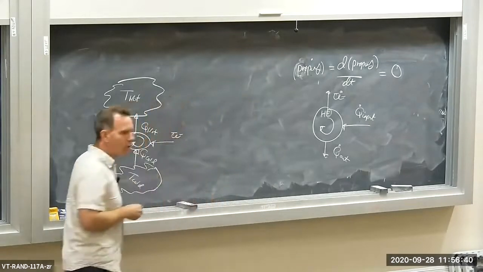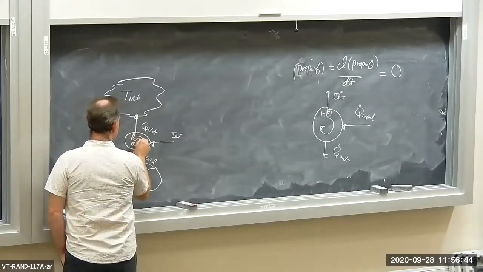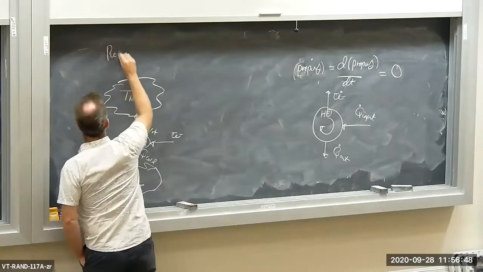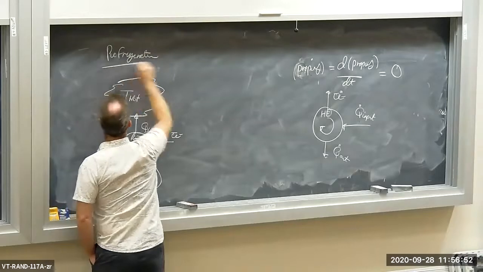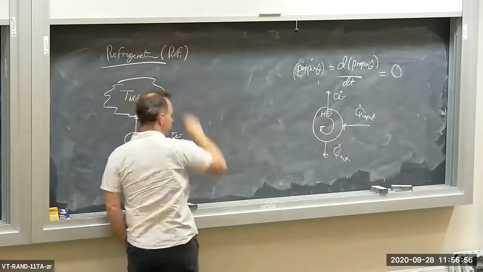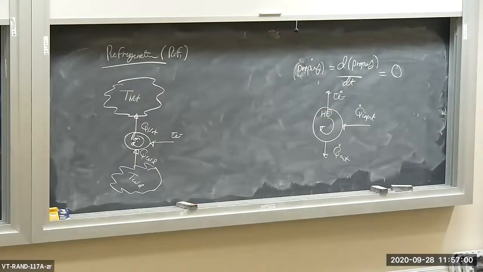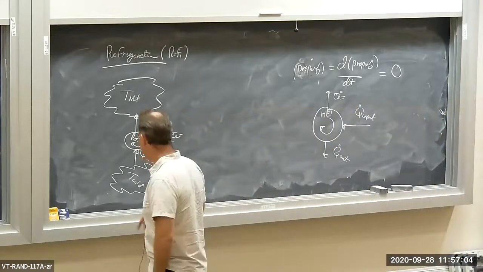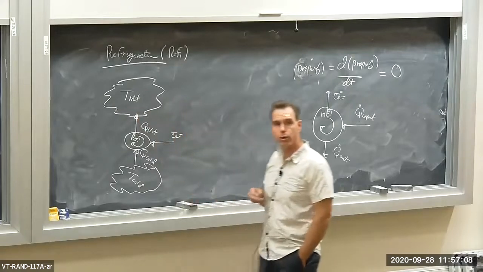This device is called a refrigerator, R-E-F. It doesn't produce work, unlike the heat engine, it transfers heat. So a refrigerator transfers heat from a cold place to a hot place, but requires work to do so.